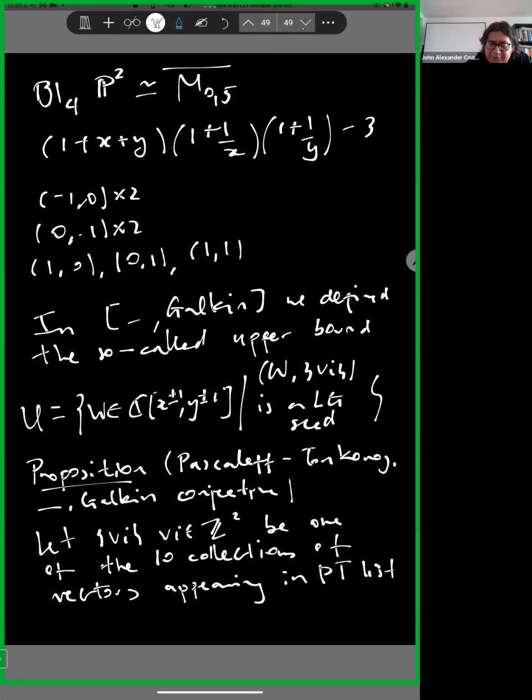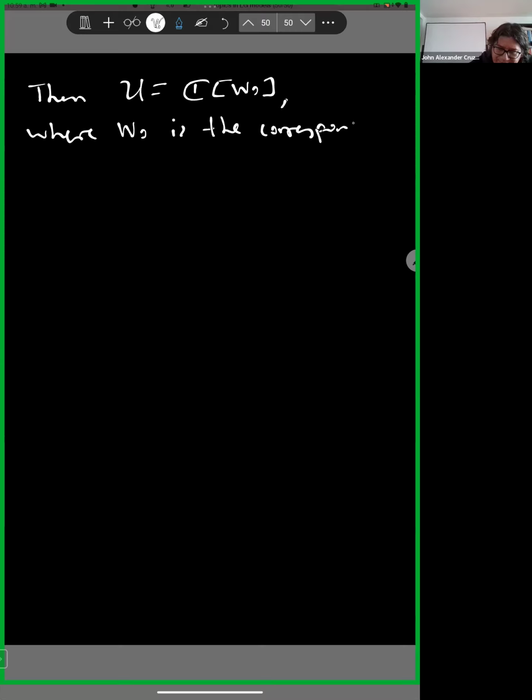So if you take this, then what we say is that this upper bound is just this polynomial algebra. And who is this W0? W0 is the polynomial in the list, the corresponding Laurent polynomial in the list. Good.